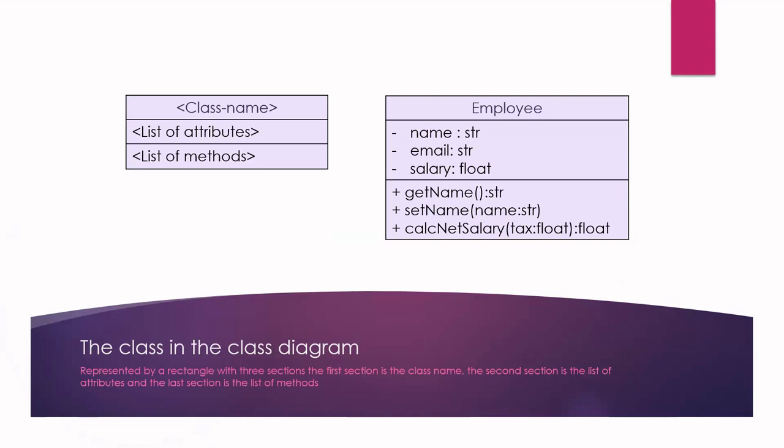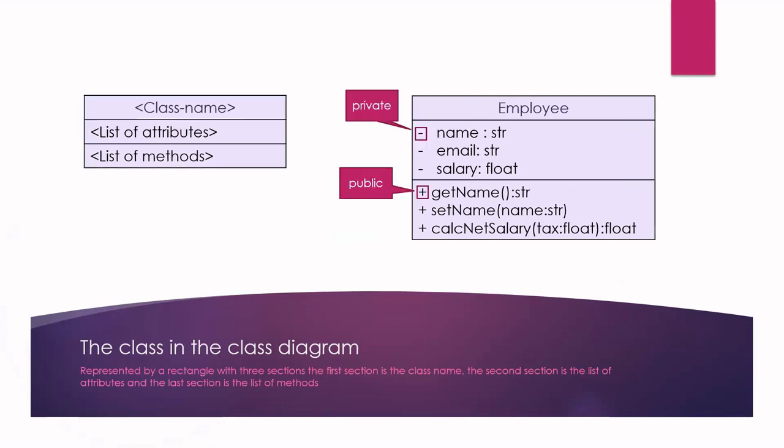I think it has 3 sections. The top section is the class name, the middle section a list of attributes, and the last section is the list of methods. Okay, and the negative and positive signs in front of the attributes and the methods represent whether they are private or public.